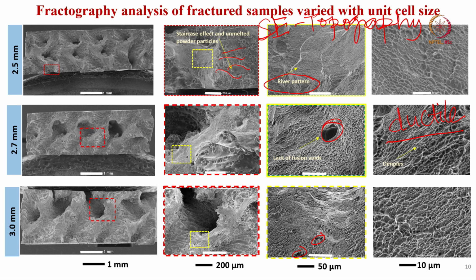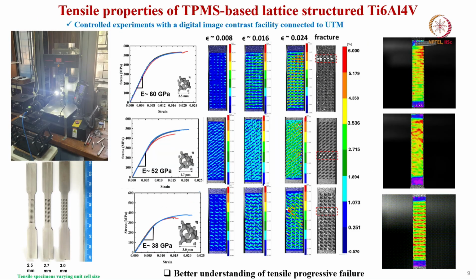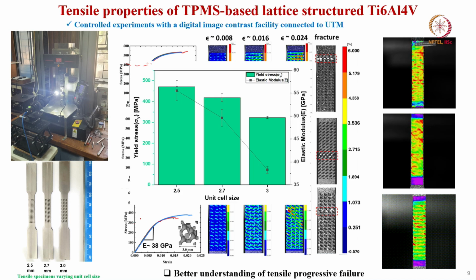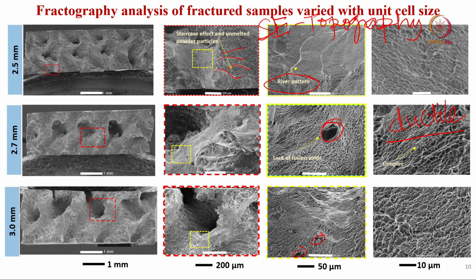As you saw in the previous slides, it is essentially linear followed by non-linear, which is plastic behavior or plasticity. The onset of plasticity clearly starts at the yield strength, which is roughly around 400, or in the case of the 3 millimeter unit cell size, certainly 300 megapascal.